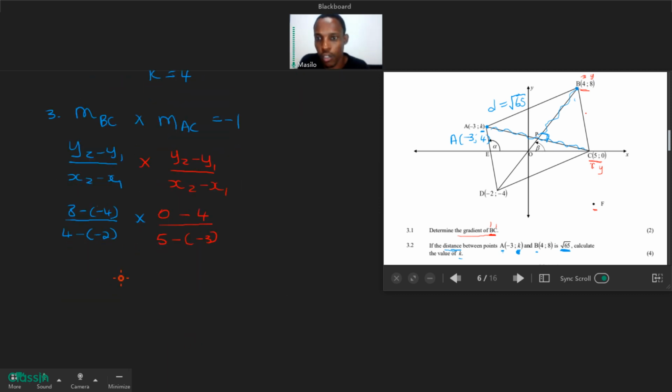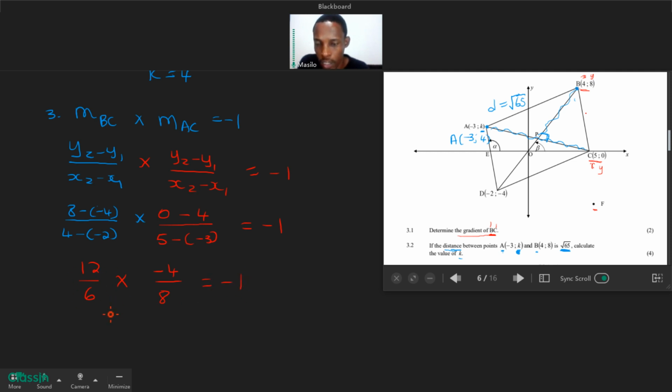So if we calculate this, the answer must be -1. So now this is the same as 12 over 6 multiplied by -4 over 8. The answer must be -1.